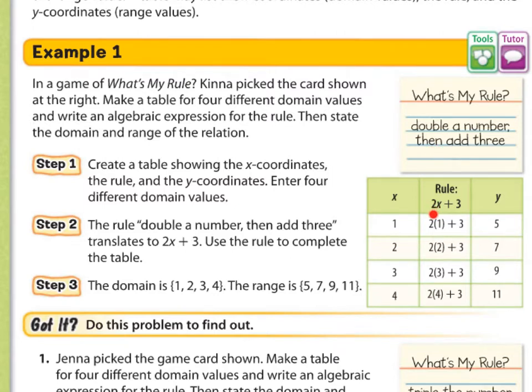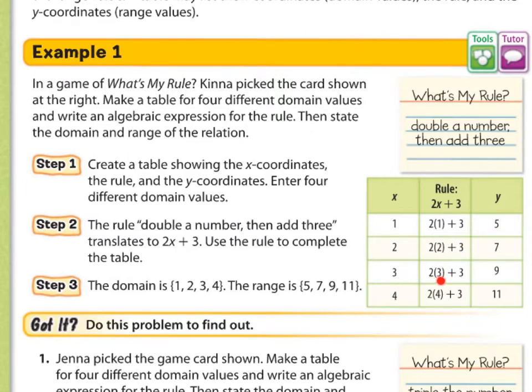You see that? Double the number, whatever the number is, whatever you input is going to be represented by x. You see, these are all your x's. Then you multiply it by 2 and you add 3. So right now x is 1, so we're going to replace x with 1, multiply times 2, add 3. X is 2 now, multiply times 2, add 3.